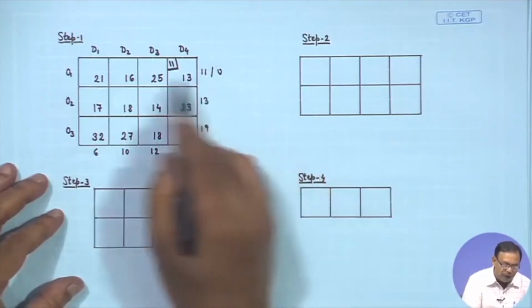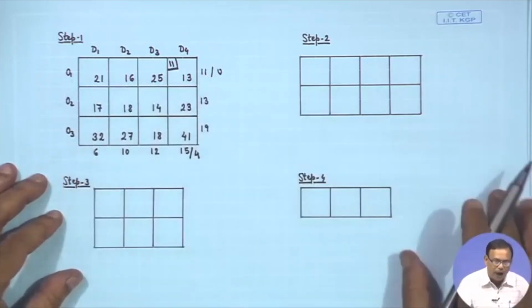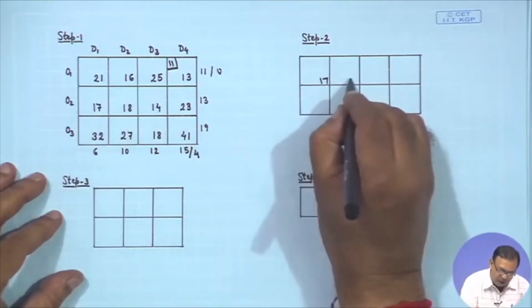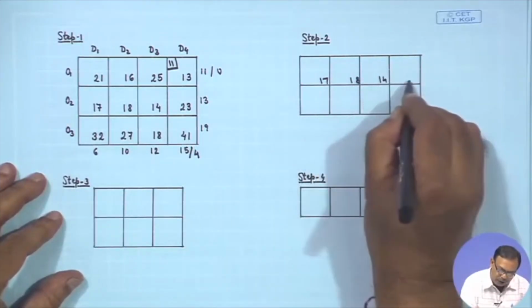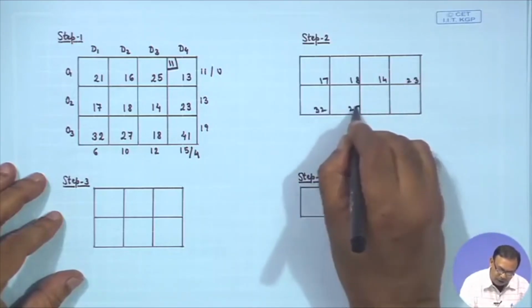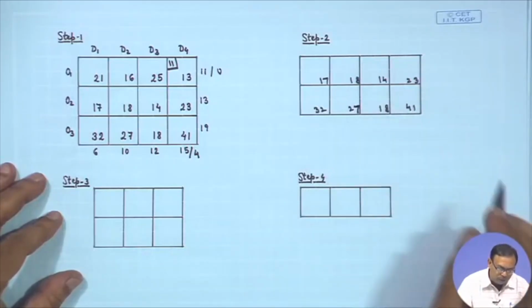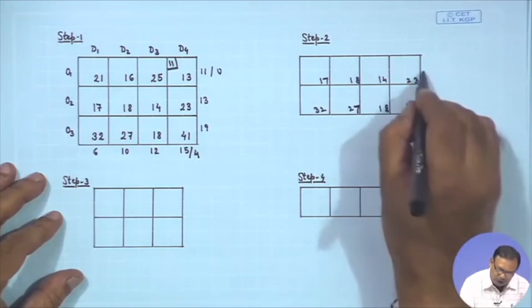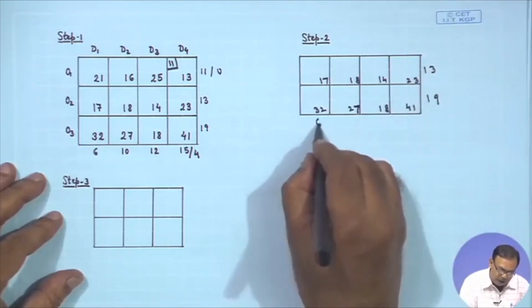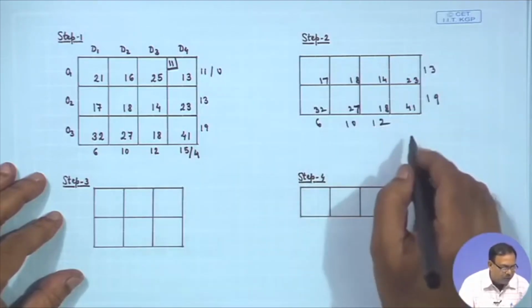Once I allocate fully, the first row will be removed, and you get the shrunken matrix: 17, 18, 14 and 23, 32, 27, 18 and 41. Here it is 0, you get 13 and 19. Here you get 6, 10, 12, where the demand has reduced to 4.